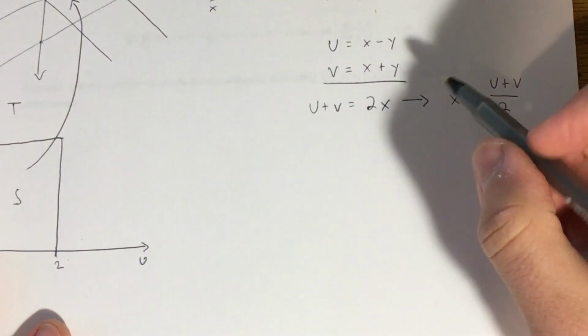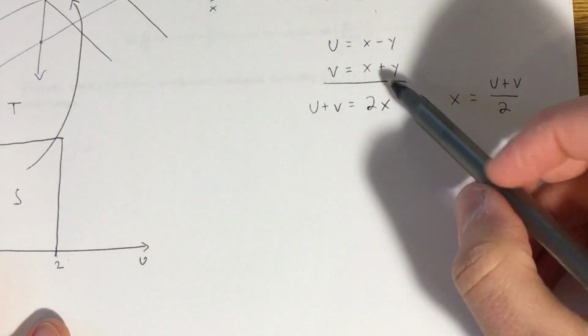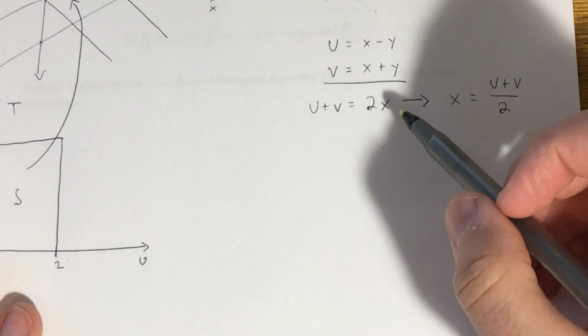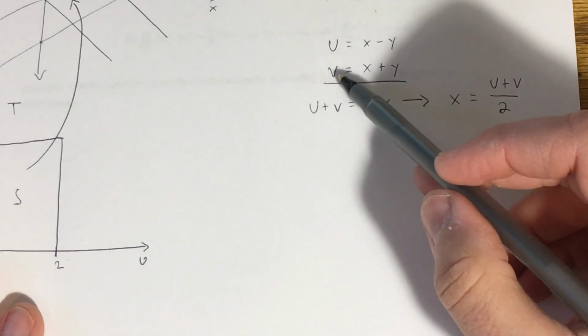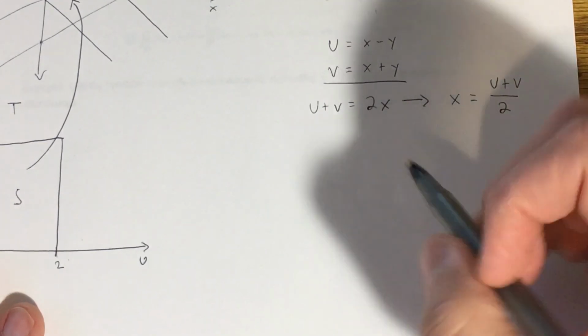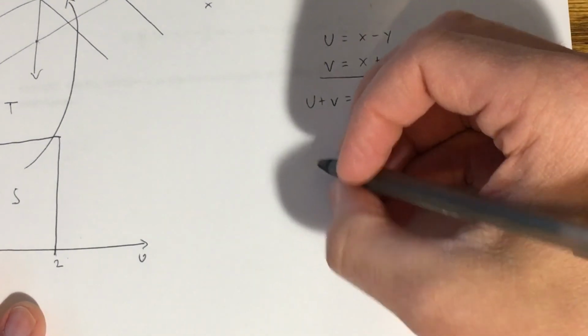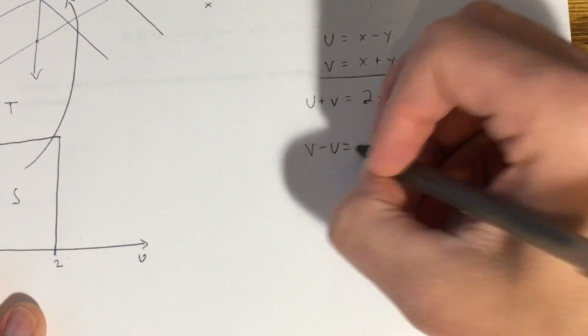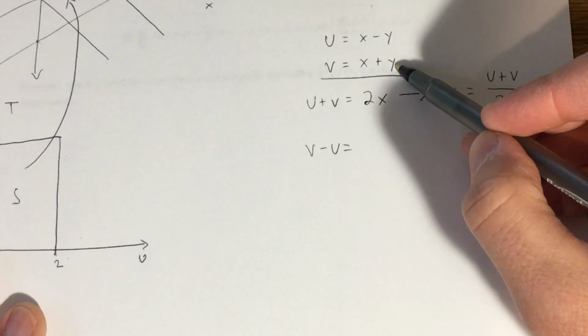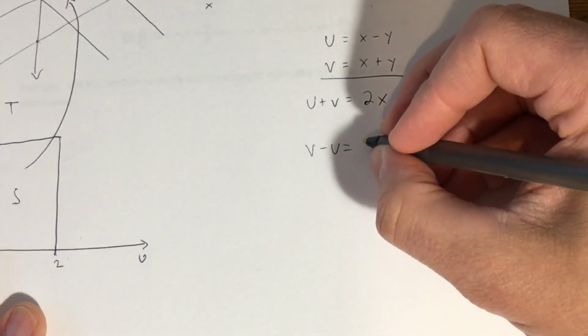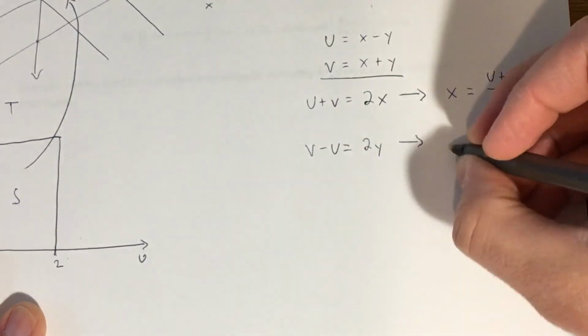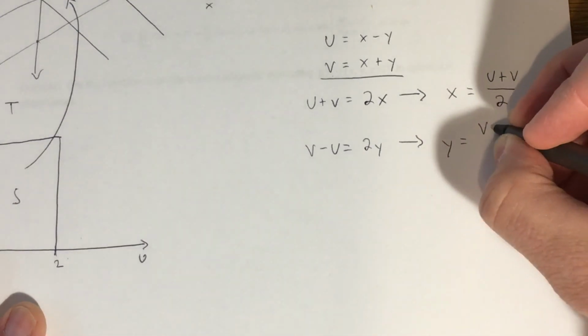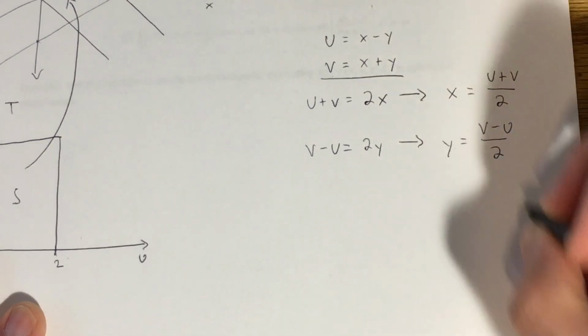Similarly, if I were to try and cancel the x's, so for example, if I did this equation minus this one, v minus u, then these x's would cancel. y minus negative y is 2y. And this leads me to y equals (v minus u) over 2.